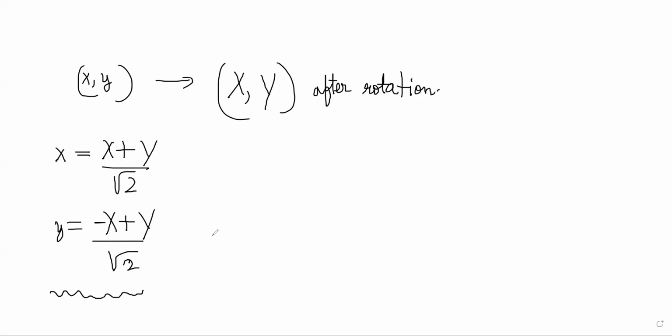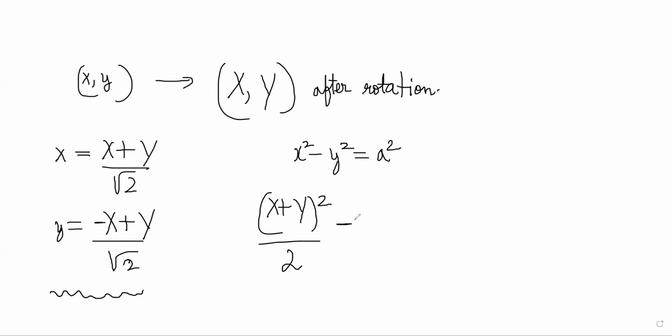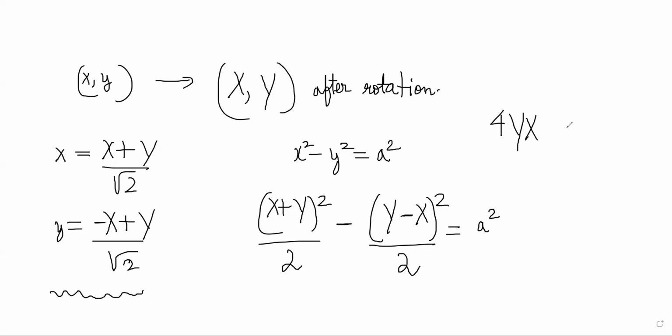Okay. So then in this case, the equation x square minus y square is equal to a square will now become (X plus Y) whole square by 2 minus (Y minus X) whole square by 2 is equal to a square. And now this will start looking like (X plus Y) whole square minus (Y minus X) whole square, which is becoming 4XY, is equal to 2a square.